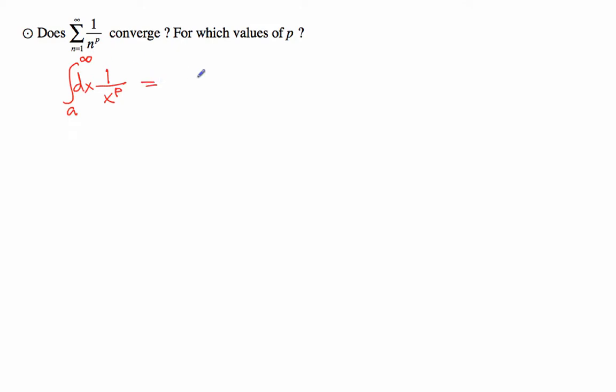Now, this will be x to the power minus p plus 1 divided by minus p plus 1, and it has to be evaluated between a and infinity. But this result is true only if p is not equal to 1. If it is equal to 1, then we'll have to do this integral separately.